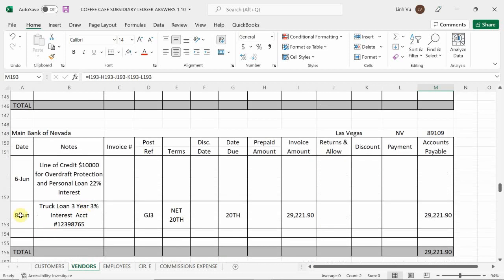Main Bank of Nevada, here you go. You have a line of credit of $10,000, right? Which you're going to get 22% charge interest, okay? So it's up to you.